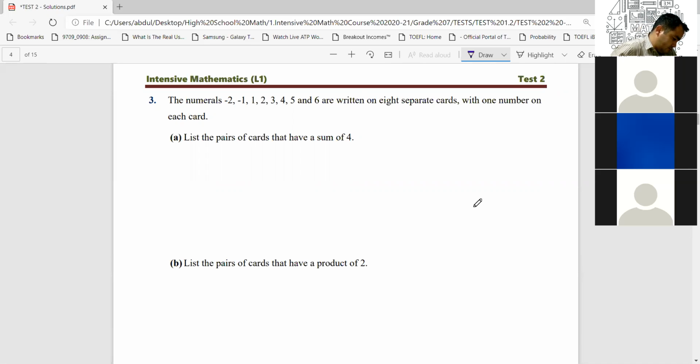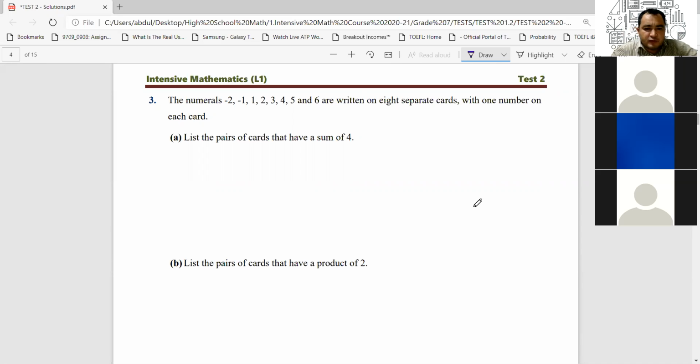A. List the pairs of cards that have a sum of 4. B. List the pairs of cards that have a product of 2.